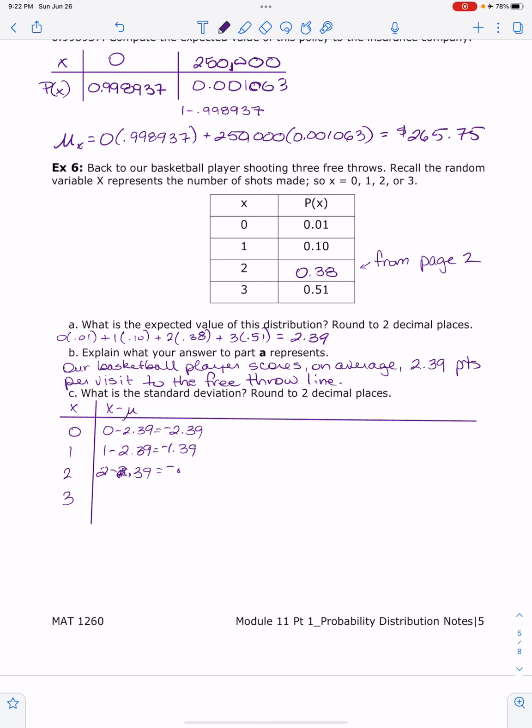That is a 2 there. And then here we get 0.61. We are going to square those values.